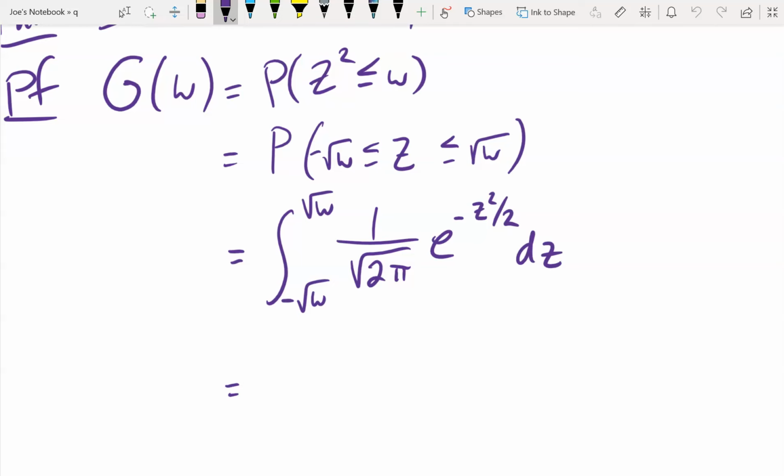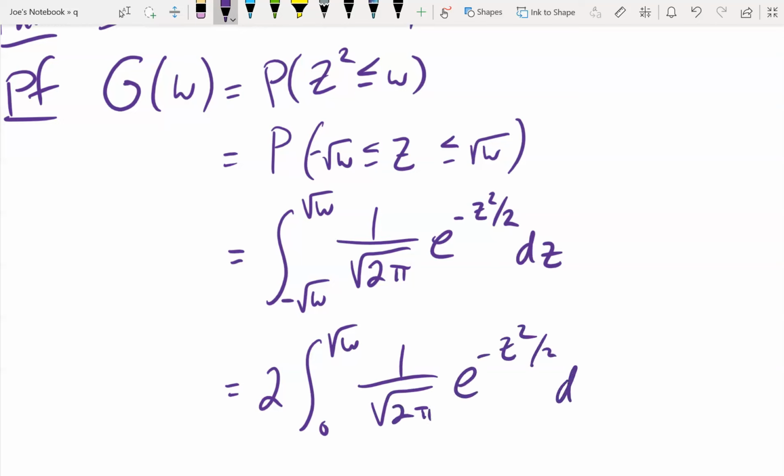So I could replace it by double and put a 0 on the bottom, right? It's an even function over an interval that's symmetric about the origin.